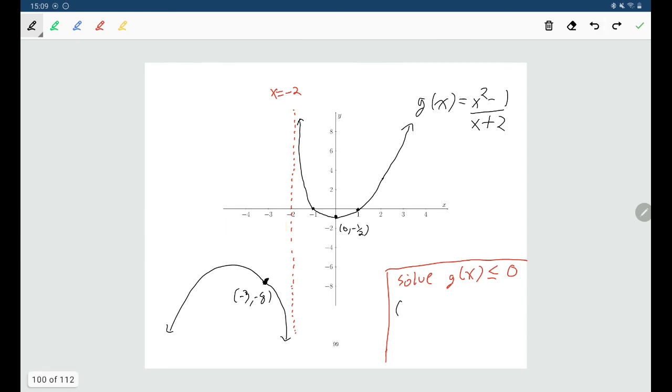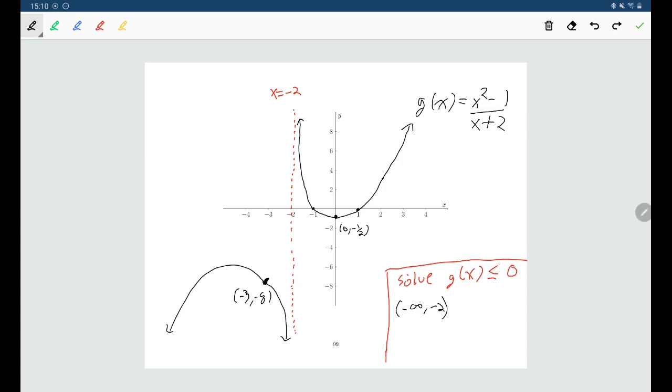So for sure, everything from far left up to -2, not including the -2, because of course you can't. That's a vertical asymptote. There's nothing going on there. Also, we're below the x-axis between -1 and 1. And in fact, we're equal to the x-axis. We're at the x-axis at -1 and +1.